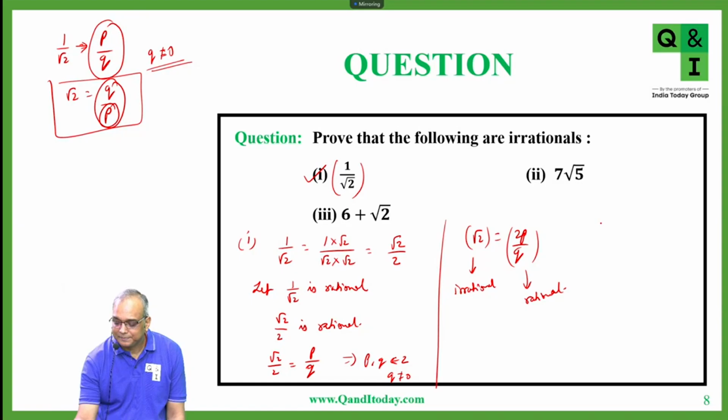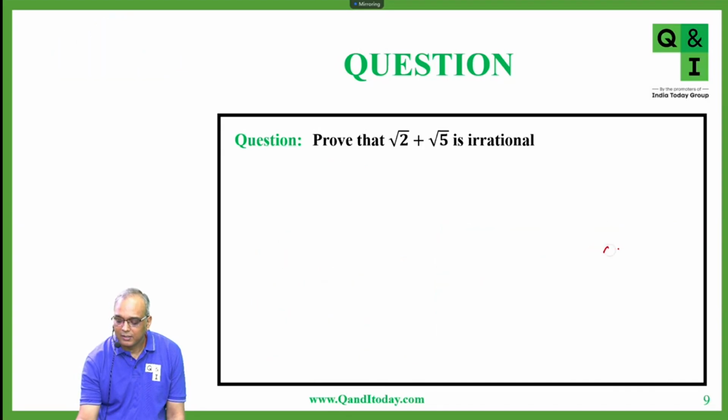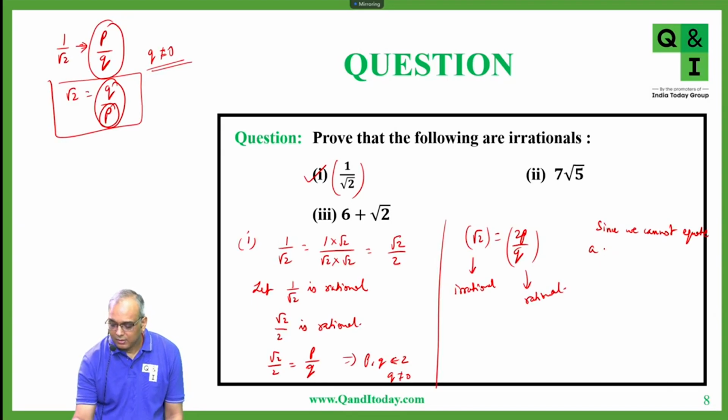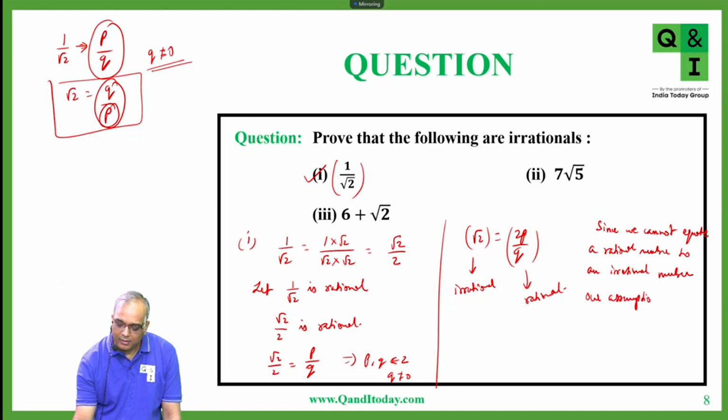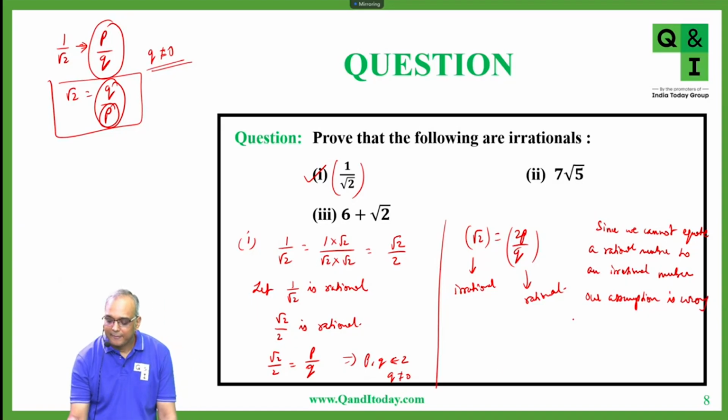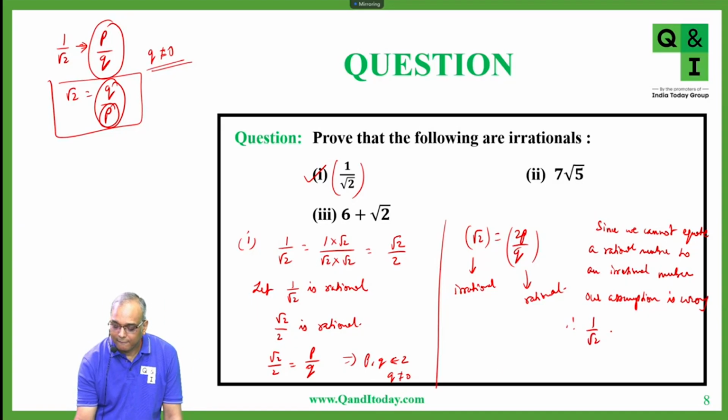Now, since we cannot equate a rational number to an irrational number, right? So our assumption is wrong, right? Hence, 1 by root 2 is irrational.